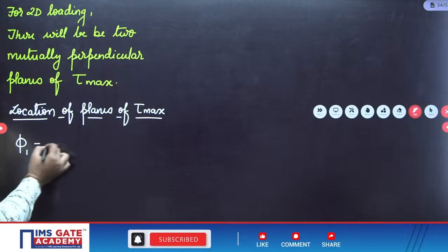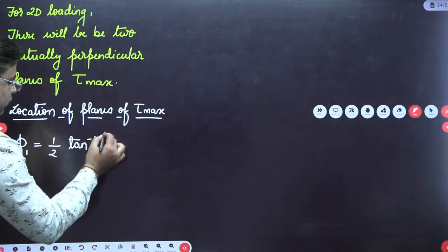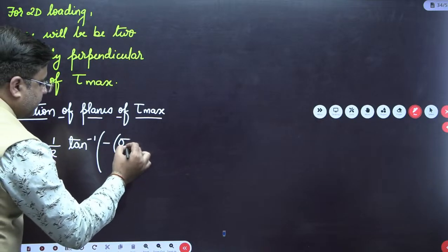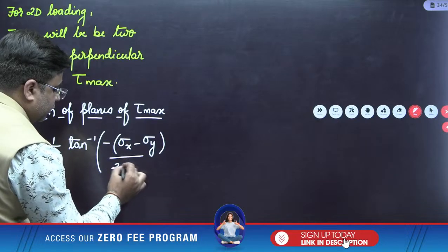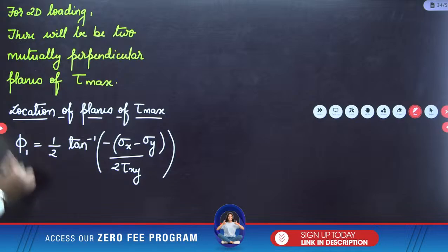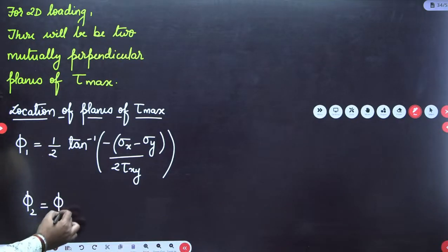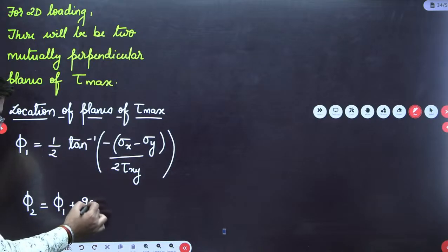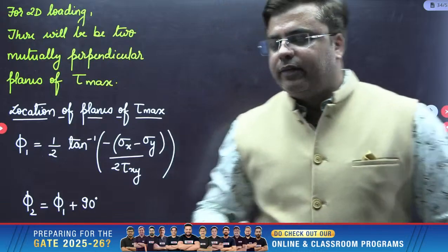Phi 1 is equal to 1 upon 2 tan inverse of minus of (sigma x minus sigma y) upon 2 tau xy. So this is the location of the plane of maximum shear stress, first location. Second location, phi 2 is equal to phi 1 plus 90 degrees. Both of them are mutually perpendicular, therefore phi 1 plus 90 degrees will be the value of phi 2.